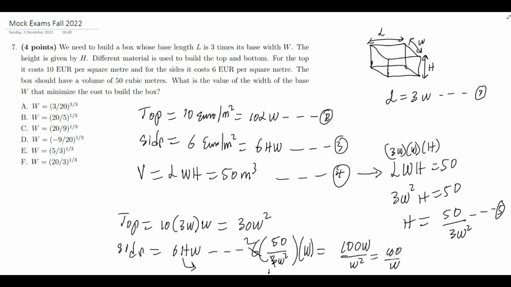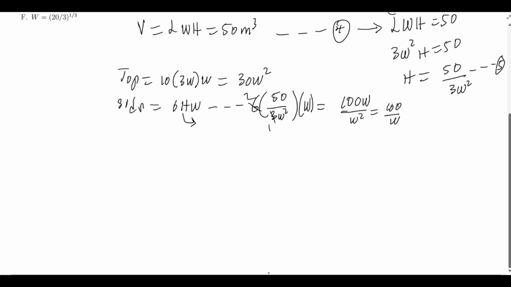Now the total cost will simply be the cost of the top plus the cost of the side, so our total cost CT, which is CT, not G, is the top plus the side, all in terms of W.